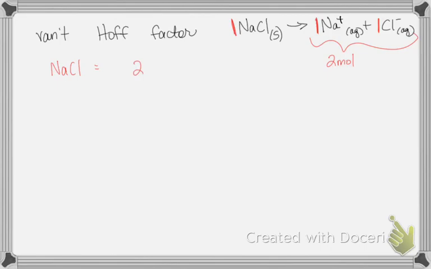Van't Hoff factor is given the symbol i. That's how it's often represented. And in the formulas, when you do delta T_f is equal to K_f times m, or delta T_b is equal to K_b times m, or osmotic pressure is equal to MRT, there's actually an i in the formulas.